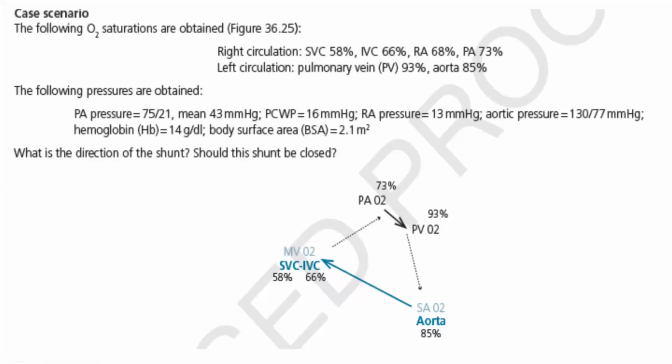Not a whole lot bigger because the QP/QS is 1.25. But as Ahmed said, don't be fooled. If you have bidirectional shunt, you could have a huge left to right shunt and a huge right to left shunt with a QP/QS that is balanced and equal to 1. It doesn't mean you're in good shape here. Okay, so you have to calculate the absolute QP and the absolute QS and the absolute shunt in those cases.